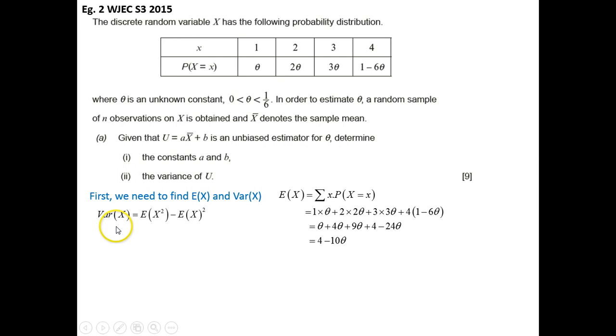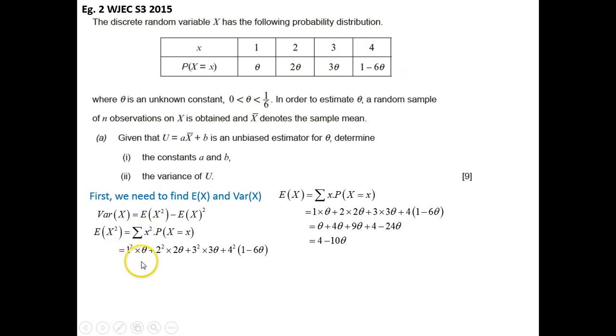Now the variance of x we know to be E(X squared) minus E(X) all squared. So to find E(X squared), we need to multiply each x squared by its probability and sum them.